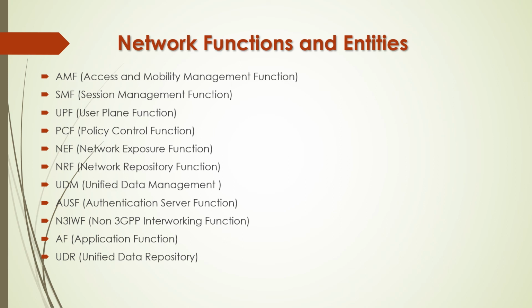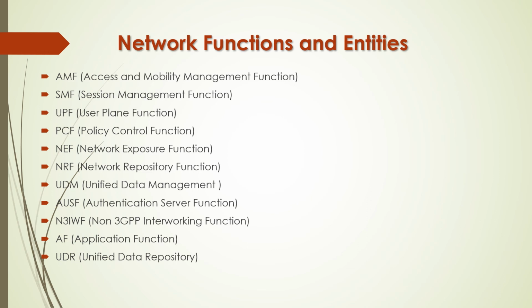Then we have the AUSF, the authentication server function, which is used at the time of authenticating the UE. Then we have the non-3GPP interworking function, which has the functionality to interconnect non-3GPP access networks like Wi-Fi to our 5G core.